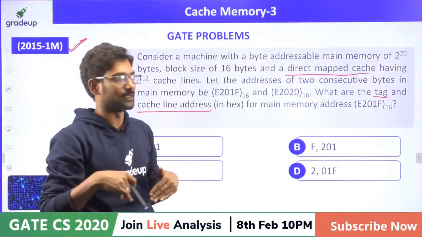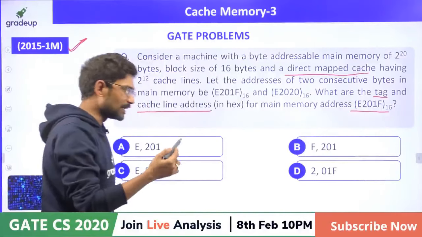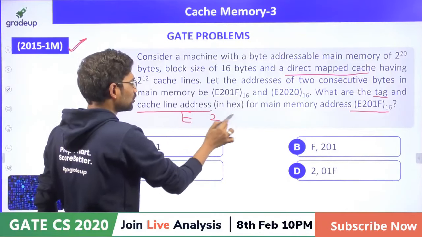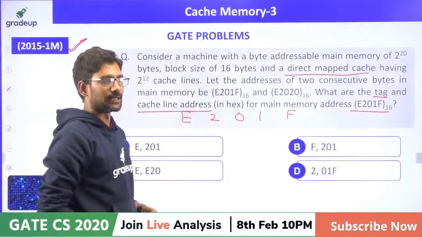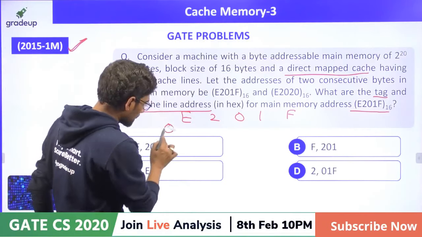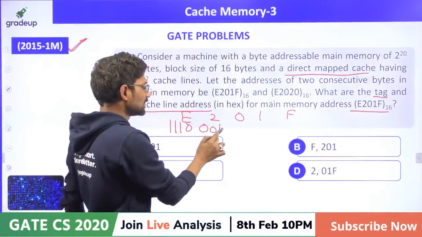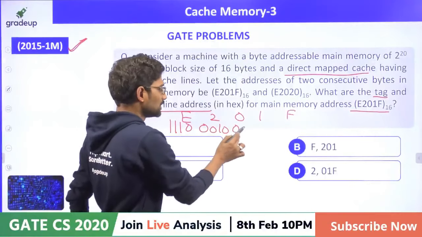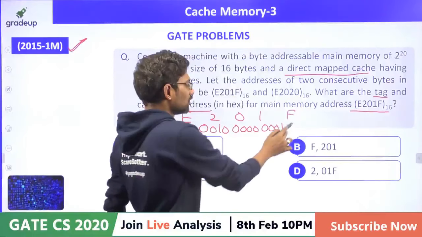That means in binary. But here E201F is given in hexa. Write it in binary. E, which is 14, so that would be 1110, 2 is 0010, because hexa to binary, we know it is 4 bits each. 0 is 0000, 1 is 0001, F is 1111.